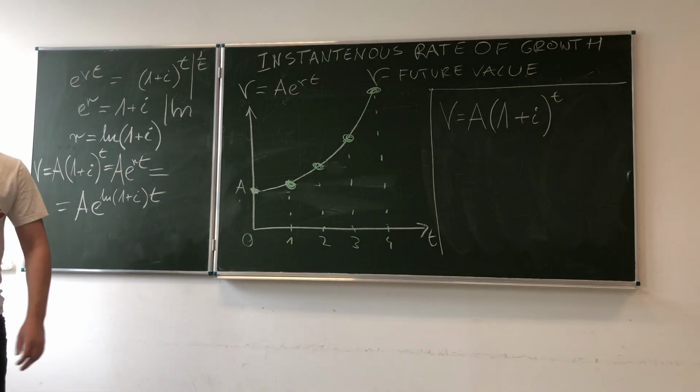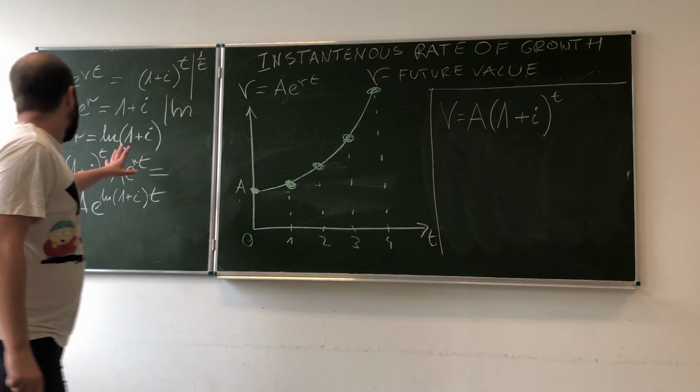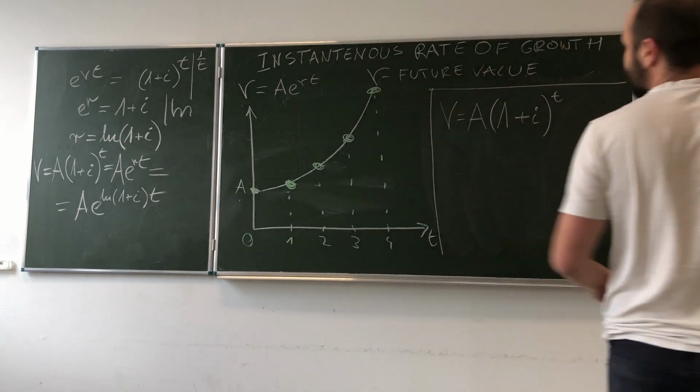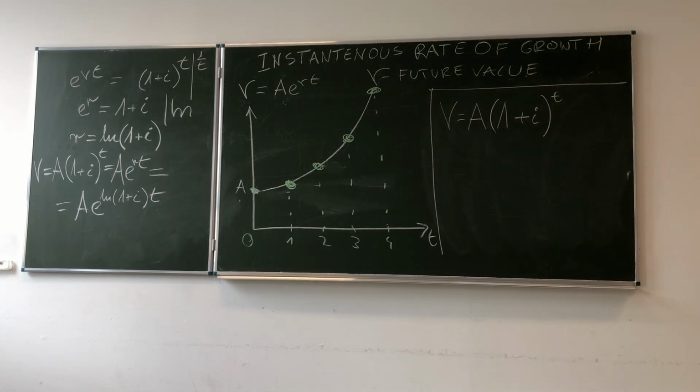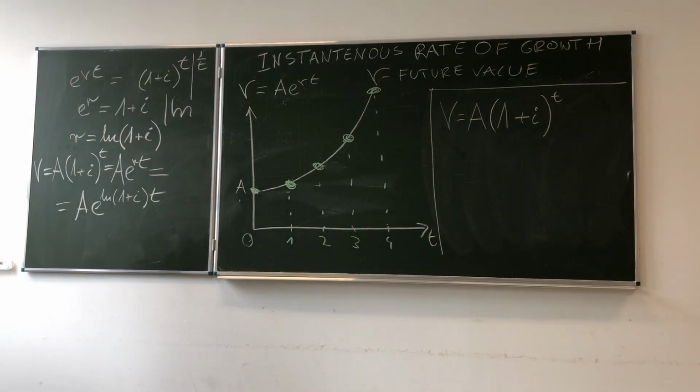Okay, so at this moment we know how to discount, how to transform one base, how to go from discrete to continuous time, and in the same way in the opposite direction.